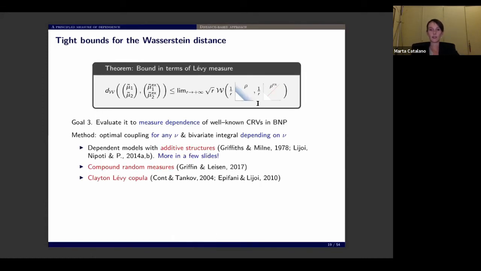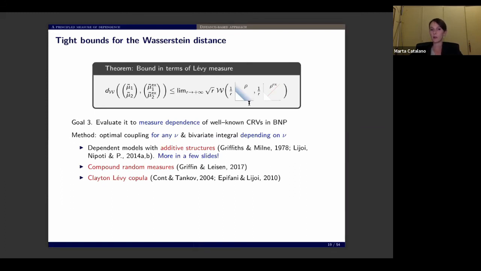And this leaves us with the third and last one, which is to evaluate this tight bound for notable models in the BNP literature. I just wanted to dwell on the fact that evaluating the bound explicitly is not immediate from this expression in the theorem, right? Because we still have to evaluate the Wasserstein distance between bivariate distributions.